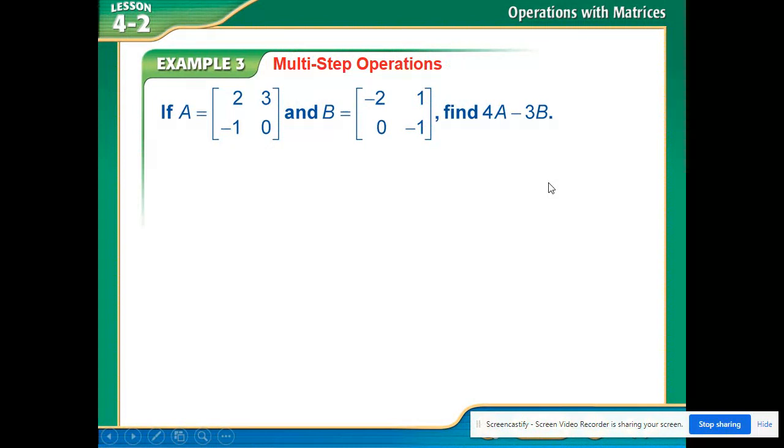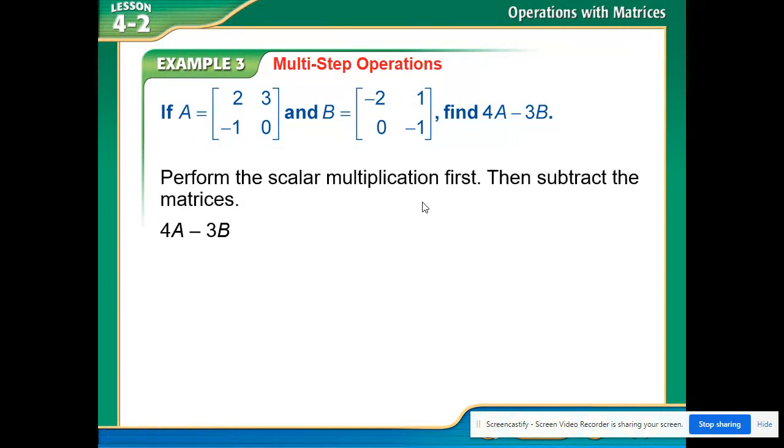Now we can do these two operations together. We can do scalar multiplication, 4A. So we're going to have to multiply everything here by 4. And then 3B, multiply everything there by 3. Now we can do it one of two ways. We can either do the 4A and the 3B and then subtract them, or we can do 4A multiply by negative 3 and then add them. Both work. It doesn't matter. You should get the same answer both ways.